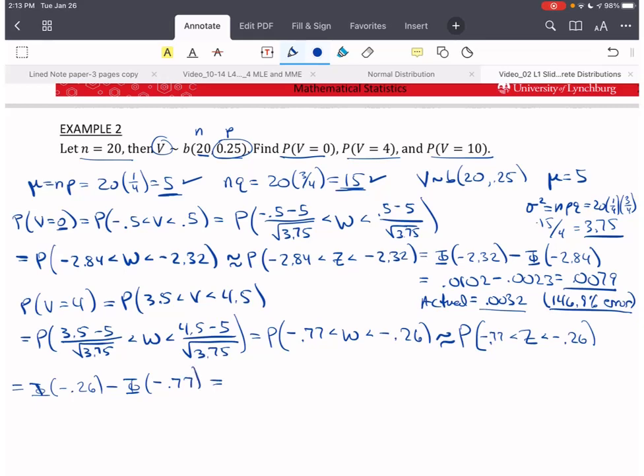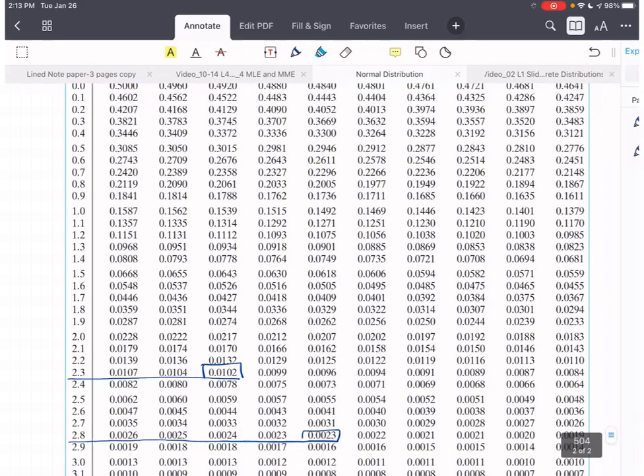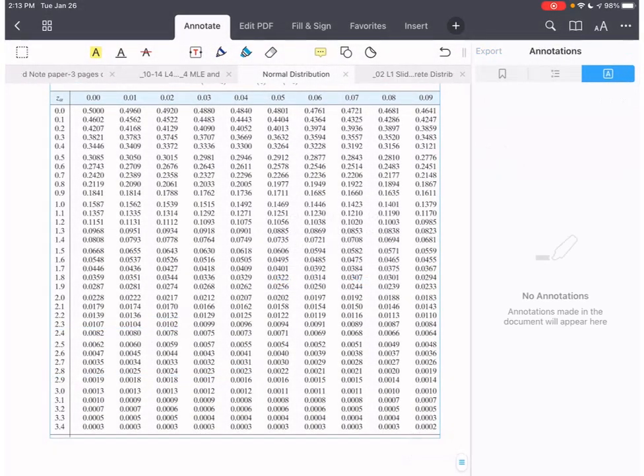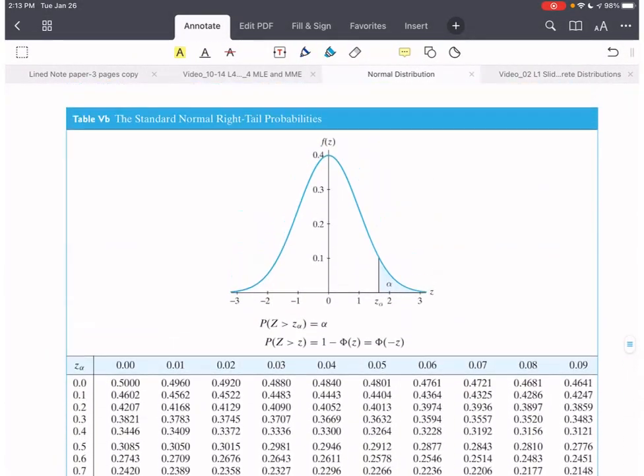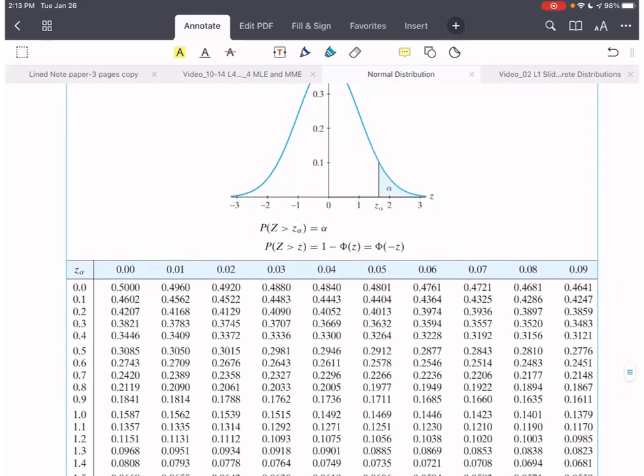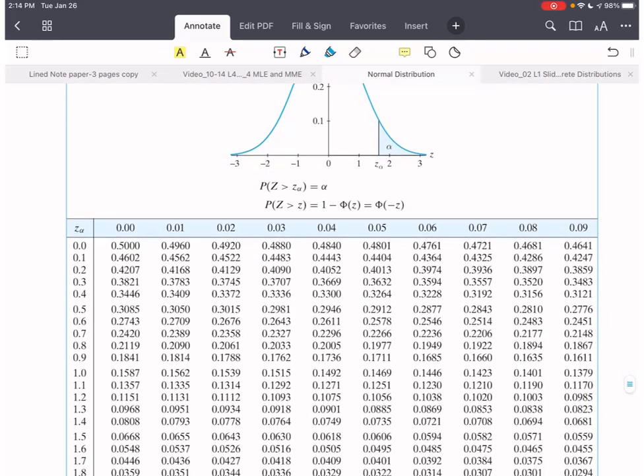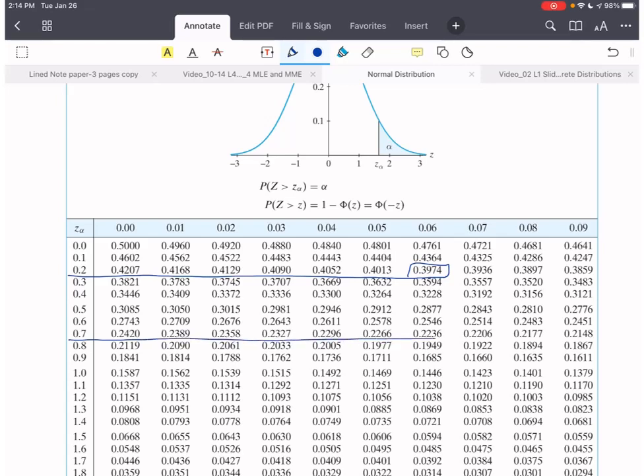We go to our table, the negative table, table B, and look up negative 0.26 and negative 0.77. Negative 0.26 gives 0.3974, and negative 0.77 gives 0.2206.